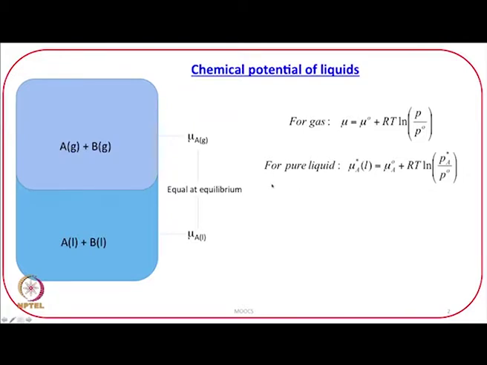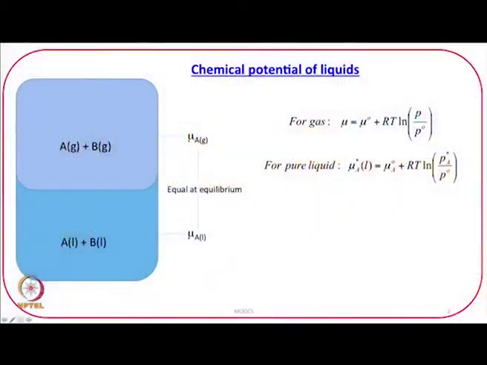Let us assume that I have a pure liquid. When you have a pure liquid, just A, and this liquid is in equilibrium with its vapors because of the vapor pressure, then at equilibrium the chemical potential in the liquid form and gas form will be the same.